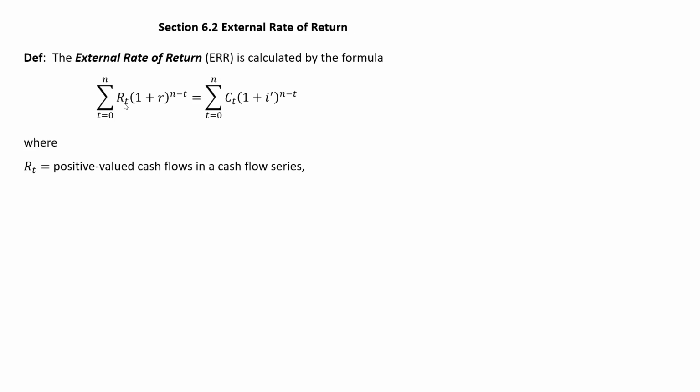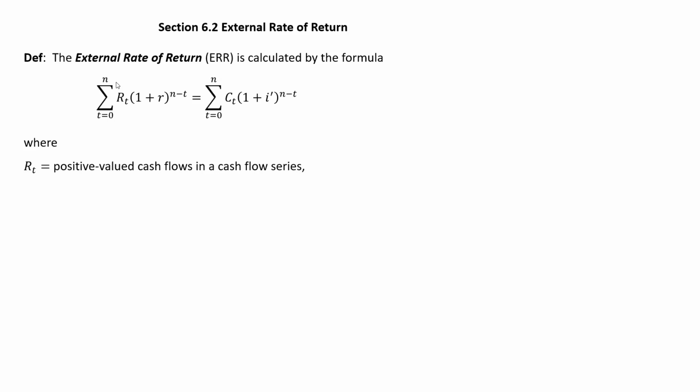If t is 1, then we are talking about r sub 1 times (1 plus r) raised to, if n is 4, then 4 minus 1. So we are projecting this one to the future, n equals 4. As simple as that. Similarly, there may be another positive cash flow at t equals 2. We are finding the future worth of that also, and so on. So all the positive cash flows, we are finding the future value of them on the left-hand side.